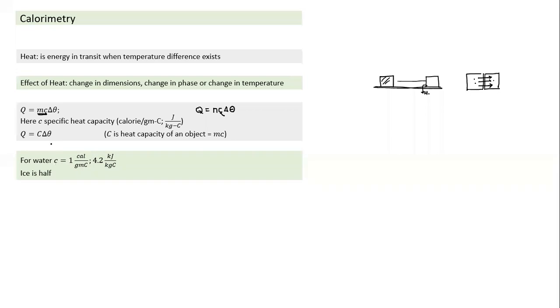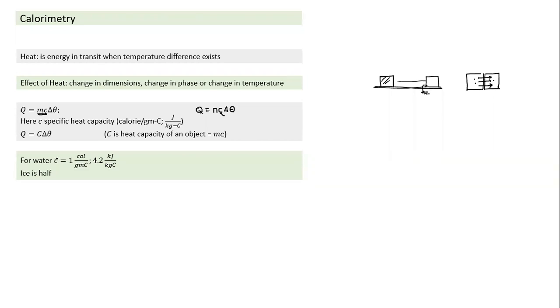For water, specific heat capacity is equal to 1 calorie per gram per degree centigrade. In terms of SI unit, heat and mechanical energy are interchangeable. See here, friction can be converted into heat energy. So there are two different forms of energy. We use calorie for heat energy, but it doesn't mean the calorie is not also a unit of energy.